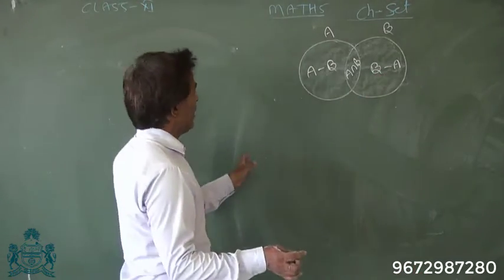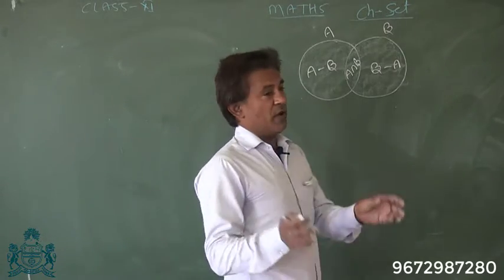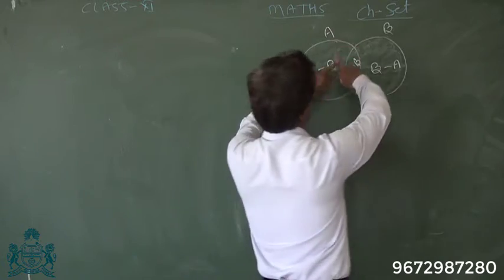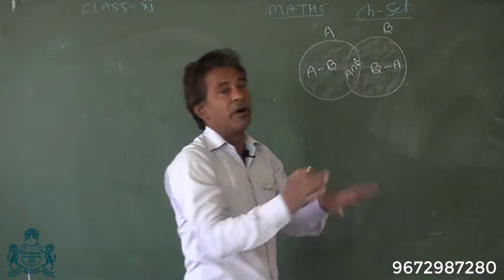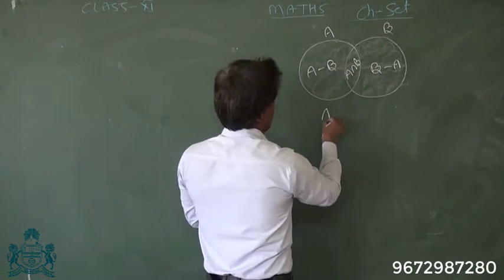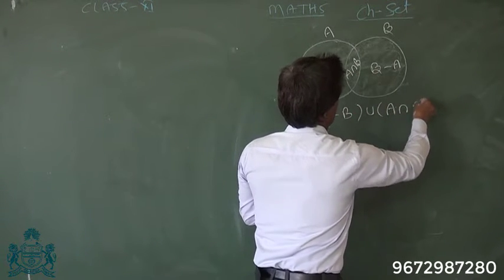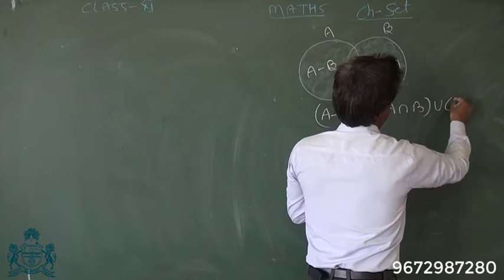Now suppose we want to calculate the number of elements in the whole A union B. A union B means (A minus B) union (A intersection B) union (B minus A).